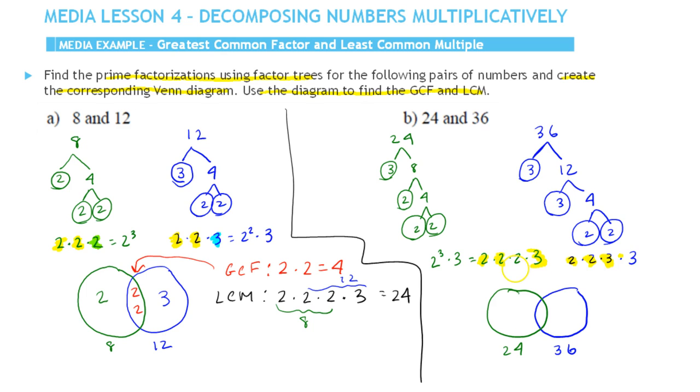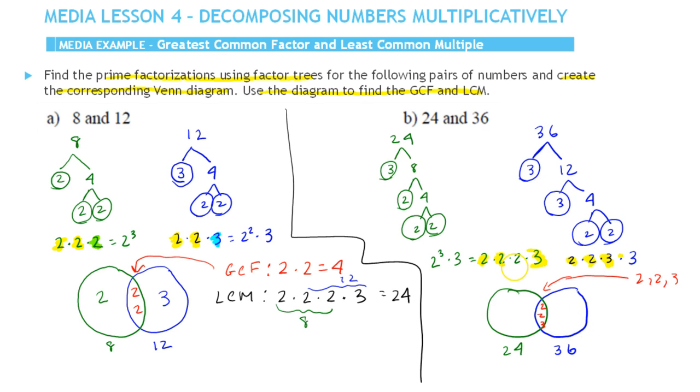So the common factors are, I should have made this bigger, 2, 2, 3, and let me just write what's there on the side. So I put 2 factors of 2 and a factor of 3 they have in common. Now, what factors does 24 have in addition to these that 36 does not?